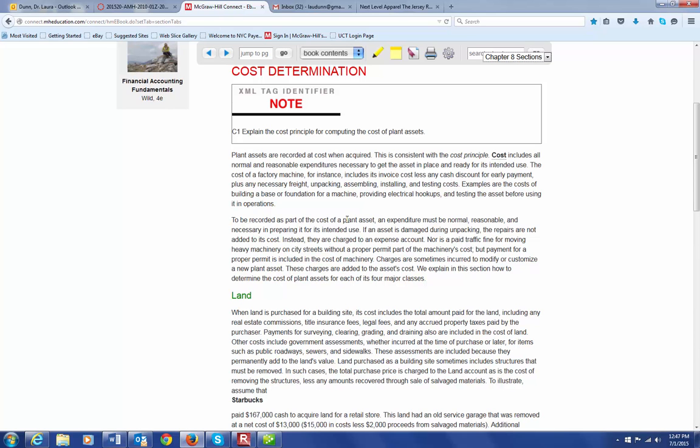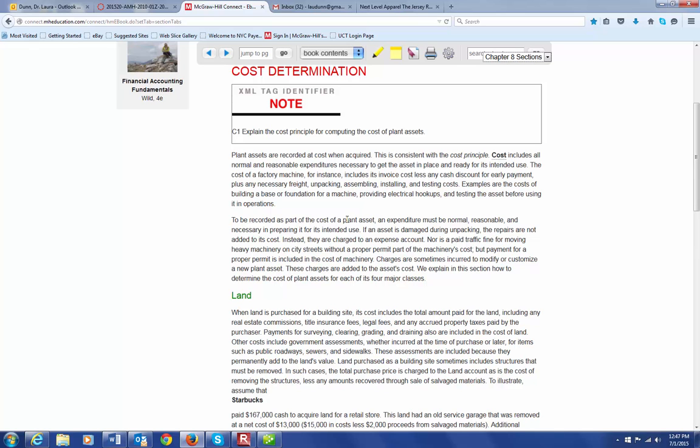So the cost of a factory machine includes the invoice cost less any cash discount, plus the freight to get it there, plus what it might cost to unpack it, to assemble it, to install it, and to test it. So all of those things are part of the cost of the plant asset. So it's not just the invoice amount that you paid for the piece of equipment itself.